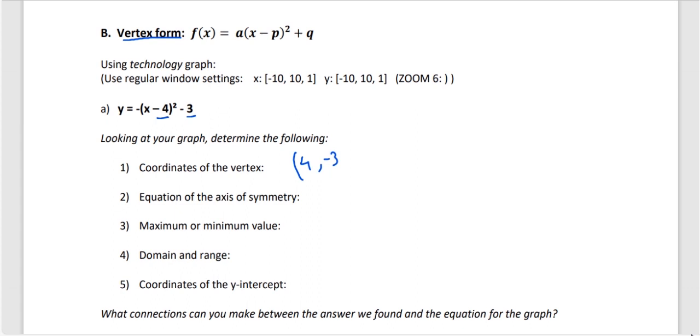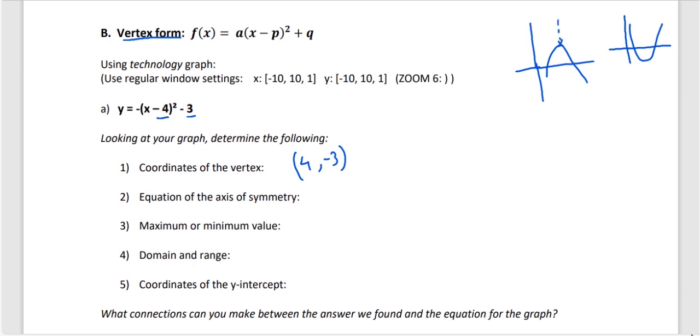So (4, -3) will be the coordinates of the vertex. It can be a minimum graph or a maximum graph. This shape of graph is called a maximum graph. Meanwhile, a graph in this shape is known as a minimum curve graph. It can be a minimum curve or a maximum curve, but the vertex means this point.